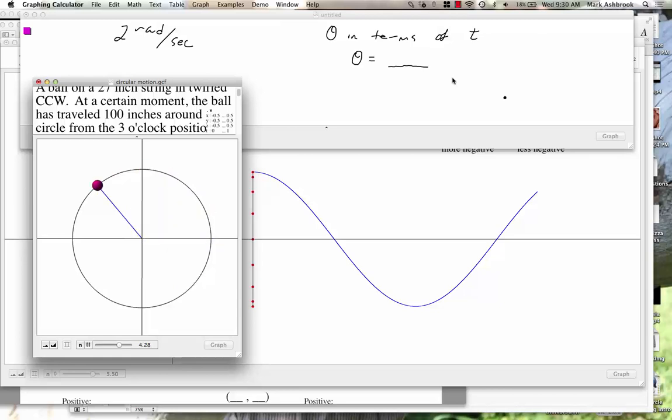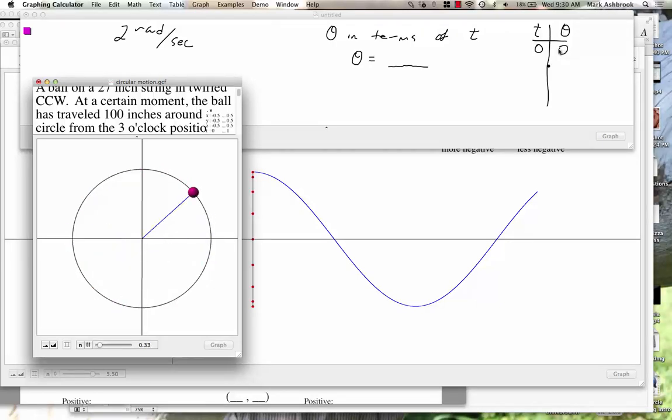Okay, so some of you may be able to just come up with this, but if you can't, here's a strategy that should come to mind, and that is to make a table. When t is a certain value, what's the corresponding theta? At t equals 0 seconds, what angle theta has been swept out? 0.